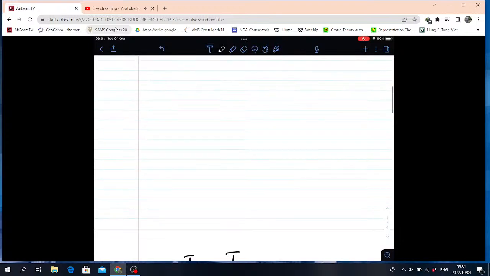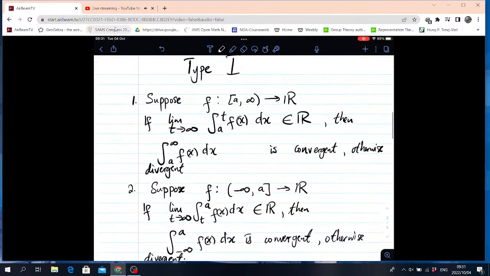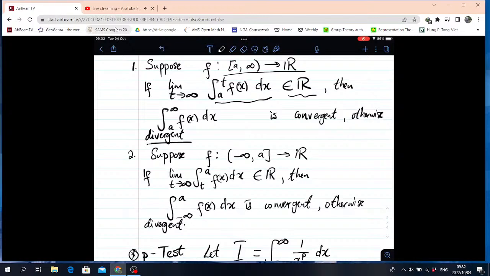Just to recap, we said an integral is an improper integral of type 1 if you've got a function defined on that, and if the limit as t tends to infinity of this exists and is a real number, then we say that the integral from a to infinity is convergent. Otherwise, it is divergent.